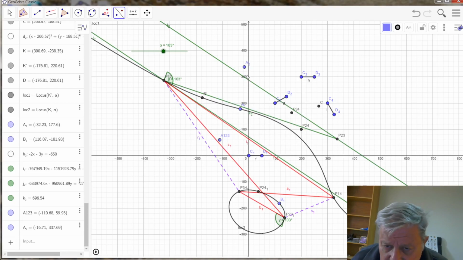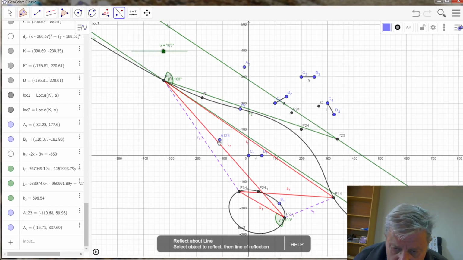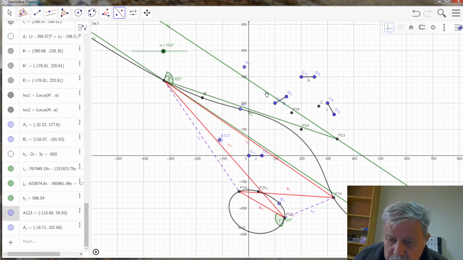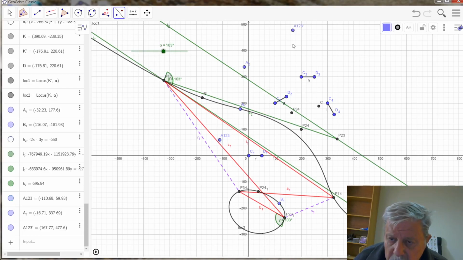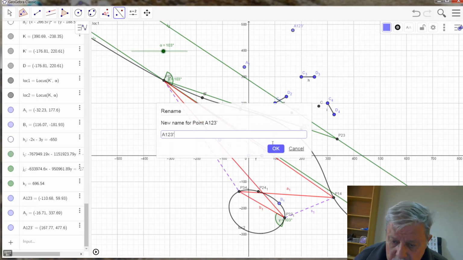If I take the image of A123 with respect to side 3, where is side 3? This is side 3. So I will take the image of A123 with respect to side 3. This is, rename it as A3.